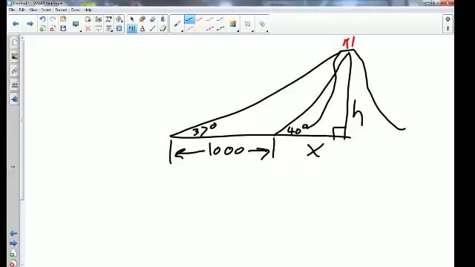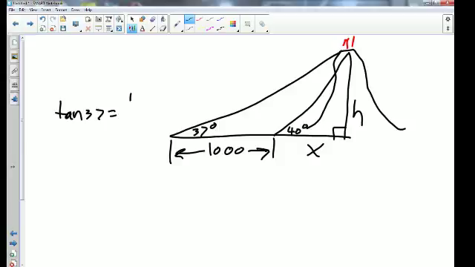Solving for h is probably the easiest thing to do first, but actually we're going to solve for x to get our base and then solve for h. So we know that tangent of 37 is h over 1,000 plus x, because it's opposite over adjacent.